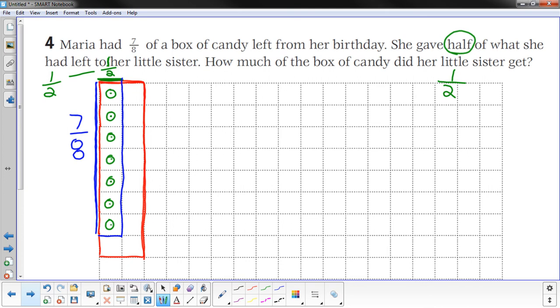I have 7 out of how many total? The whole thing? It was out of 16, 7/16. So how much of the box of candy did her little sister get? So that question is referring to how much did she get from the entire box? She got 7/16 of it.